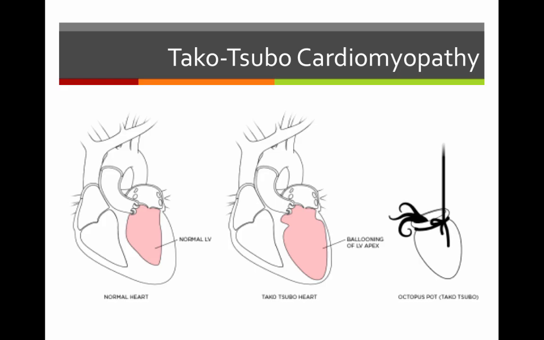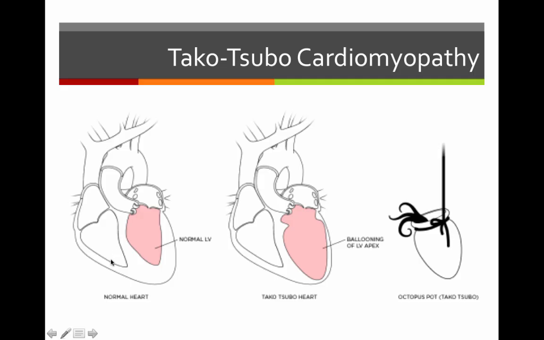And basically, they drop this ceramic pot down there. The octopus says, "Hey, look, a free home," and gets in there, and then they pull it up, and they've trapped their octopus. And that's what the left ventricle looks like when you have this very sudden and temporary cardiomyopathy.